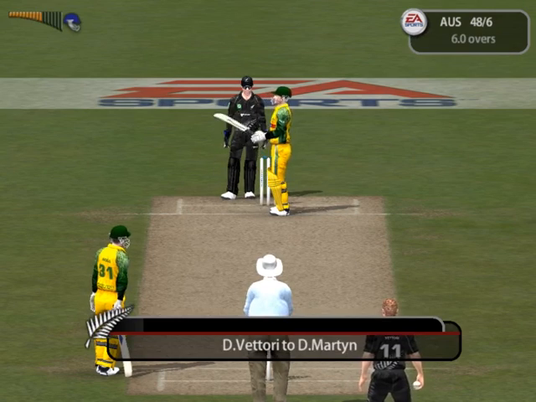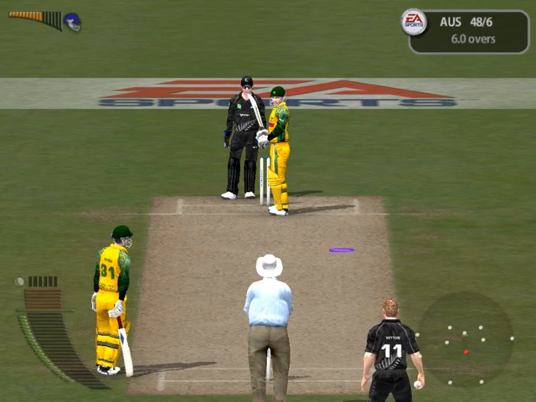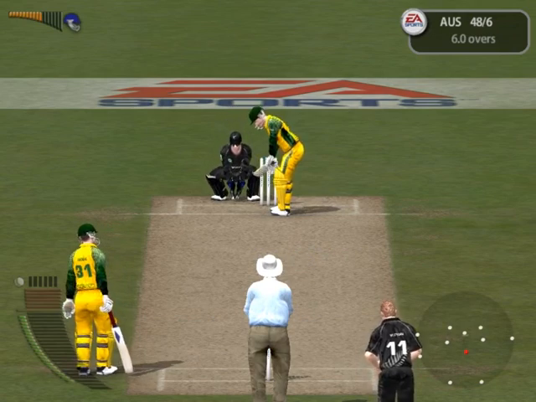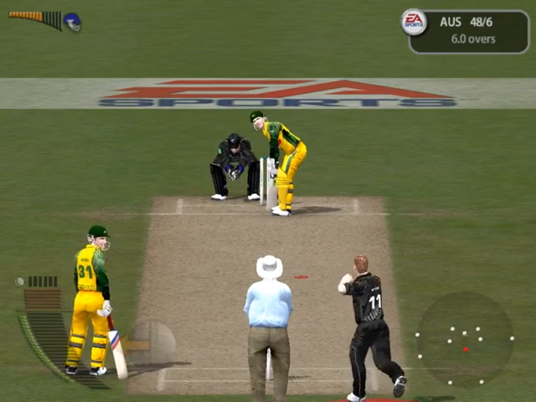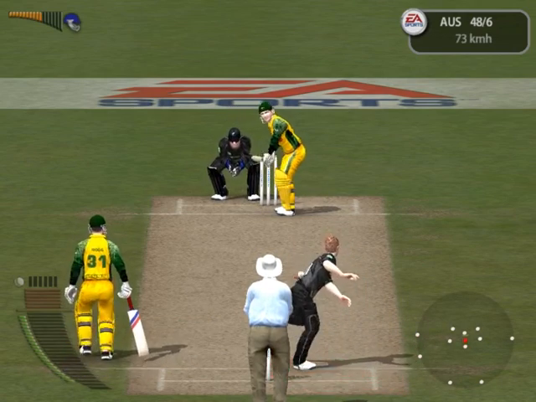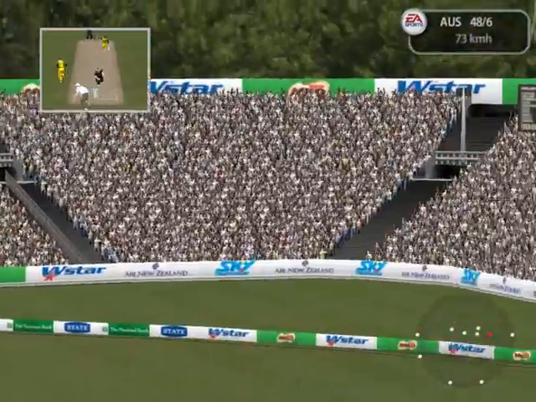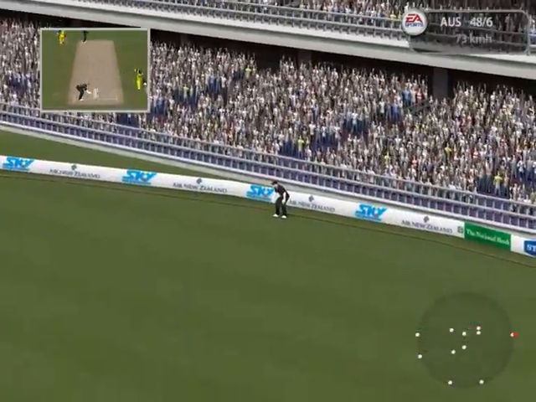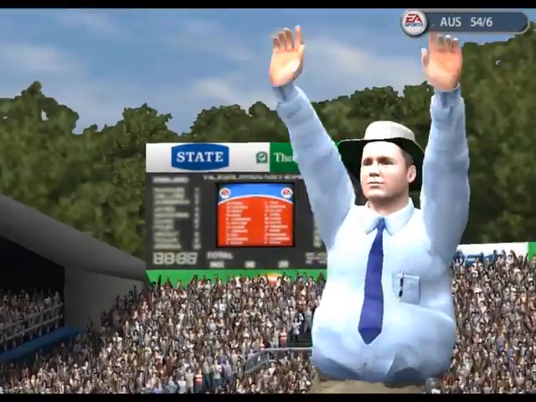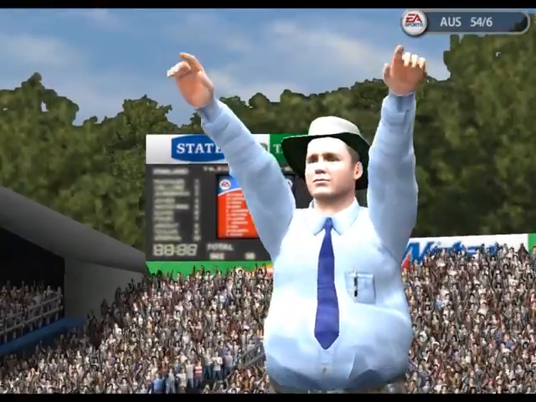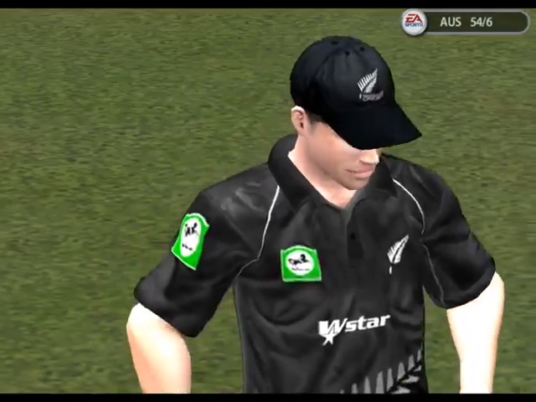Martin faces an over of spin. Really given that a whack. 6 runs. Another one of those, and this bowler could be out of the attack.